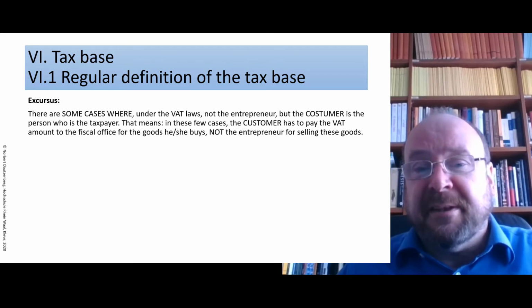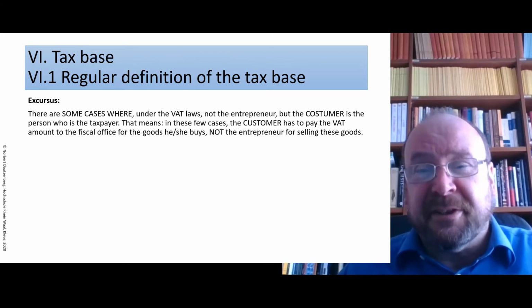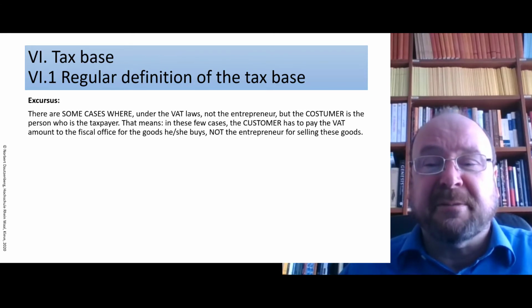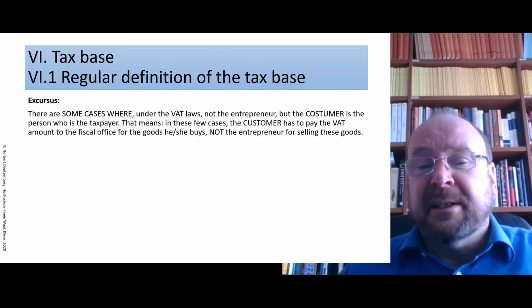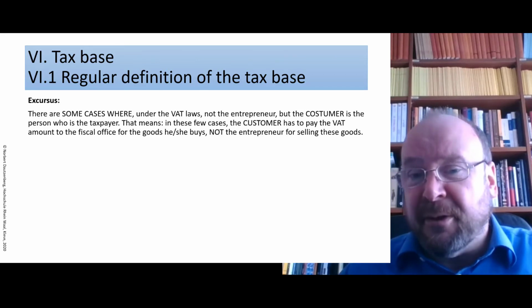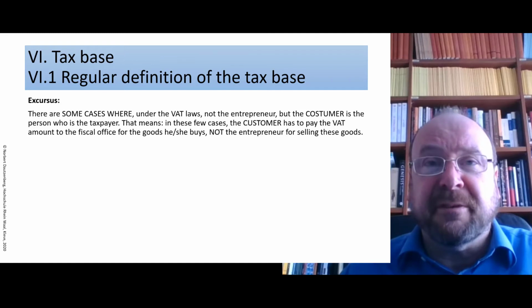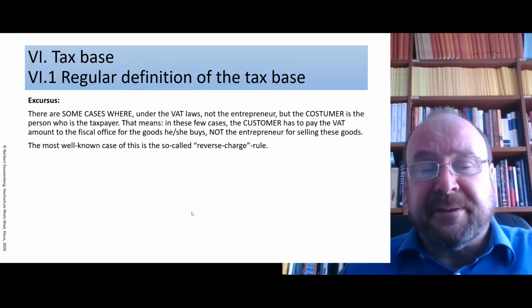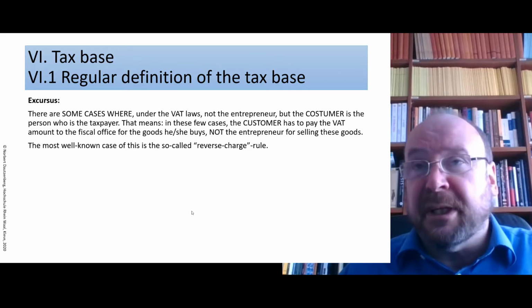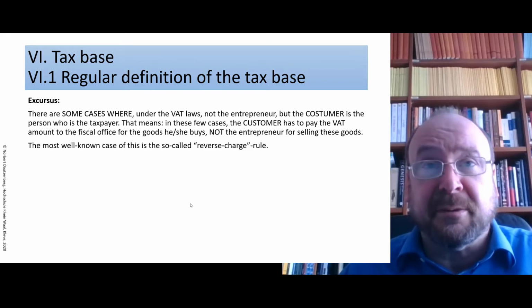And that means in these few cases, the situation is different, because if the customer has to pay the VAT amount to the fiscal office, then he or she is the taxpayer, and the entrepreneur will not receive the VAT together with the payment. Let's illustrate this a bit. The most well-known case is the reverse charge system, which sometimes applies to cross-border service transactions.